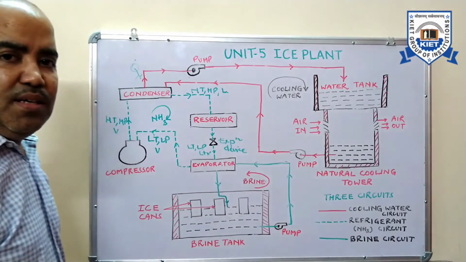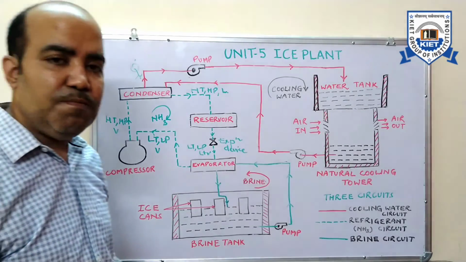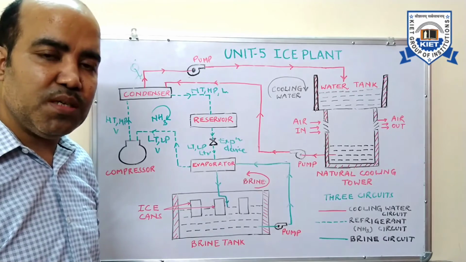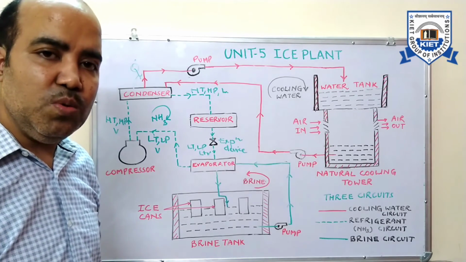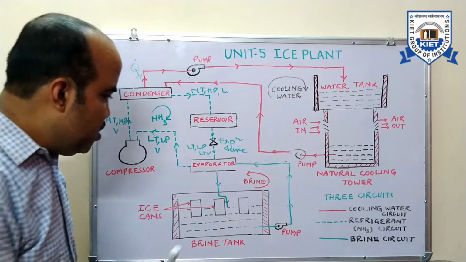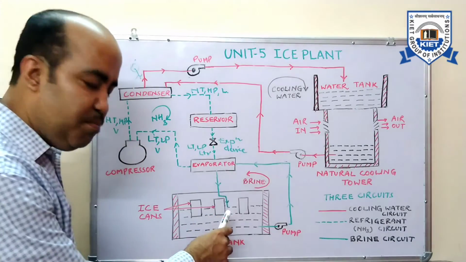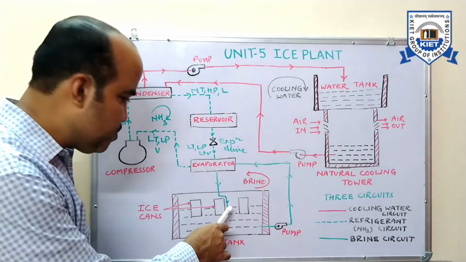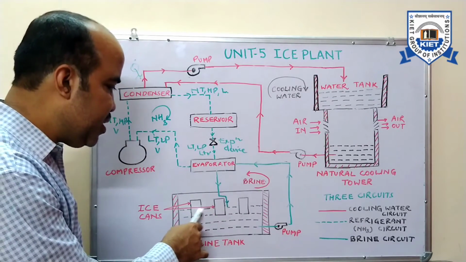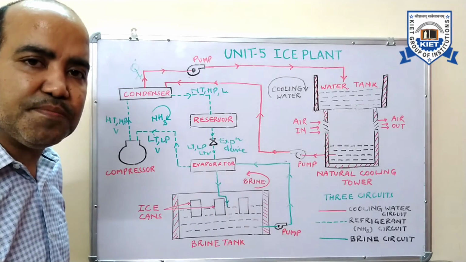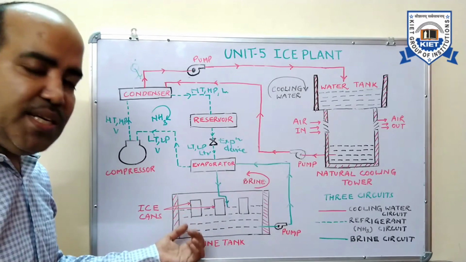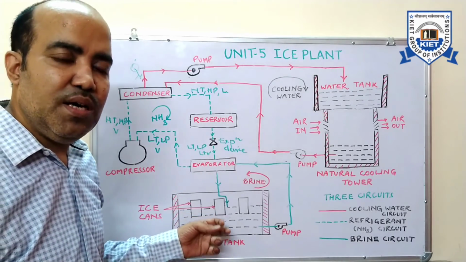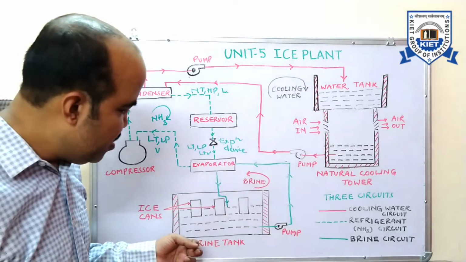These are standard cans, and inside them the water is stored which is required to be converted into ice. When the brine enters the brine tank, it is at a very low temperature, whereas the water inside the can is at a comparatively higher temperature. So the brine takes away the heat of the water and converts it into ice inside the can.